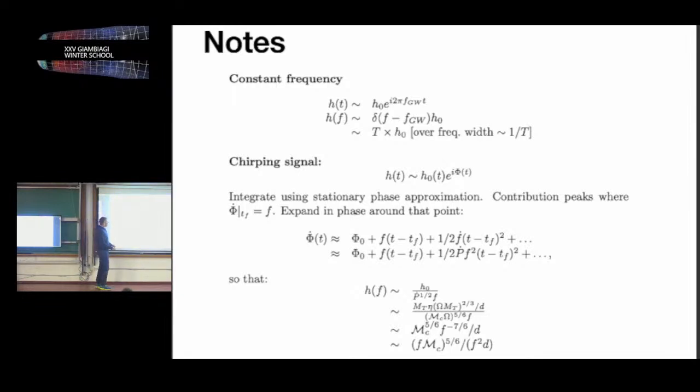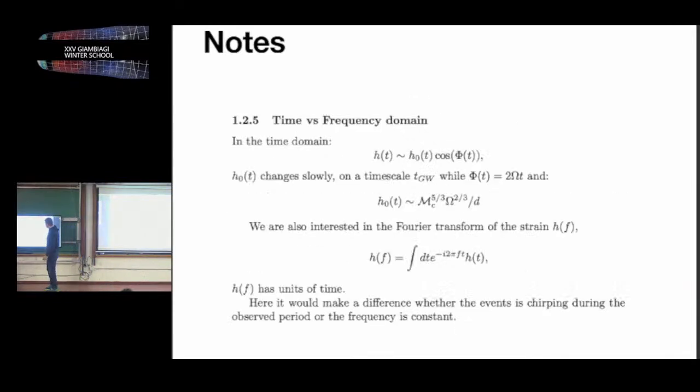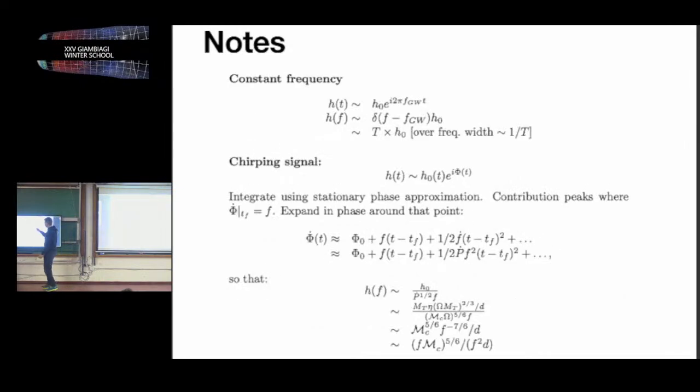So you can basically do the following thing. You can plug in here this h of f and try to do some stationary phase approximation. You probably discussed this in the other lecture, and you will get some h of f. Here are the steps for the stationary phase approximation.